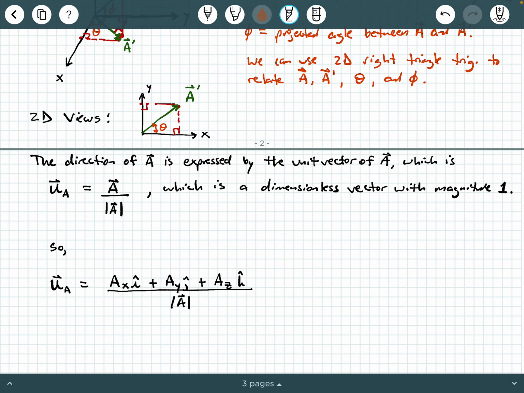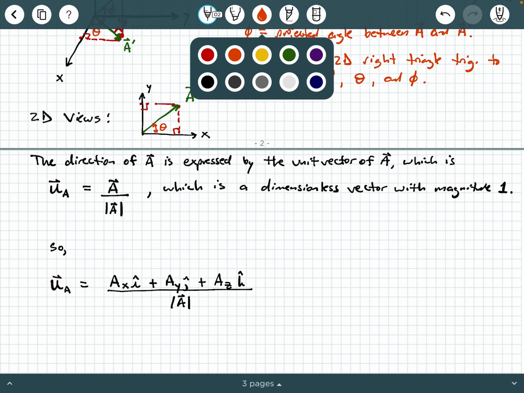a physics course. So if we're defining a unit vector as vector A divided by its own magnitude, we can write this as AXi plus AYj plus AZk all divided by that magnitude, okay? So all I did was expand vector A out into its three Cartesian components, all right?